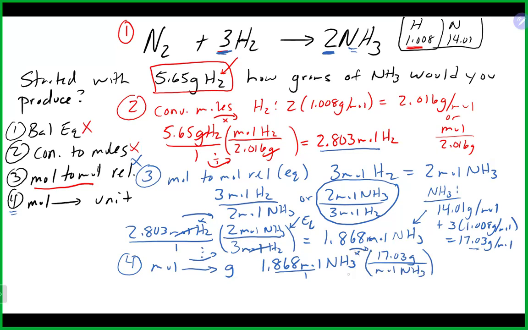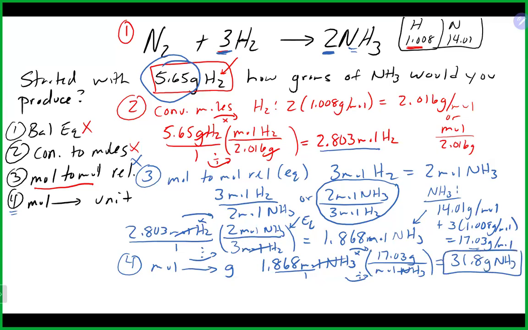Again, multiplying and dividing. Moles are going to cancel, and we will be left with grams. At this point, we could round based off of this number, which is 3 sig figs, to 31.8 grams of NH3 in this case would be our final answer.